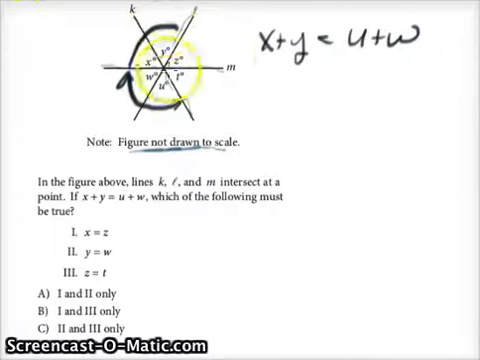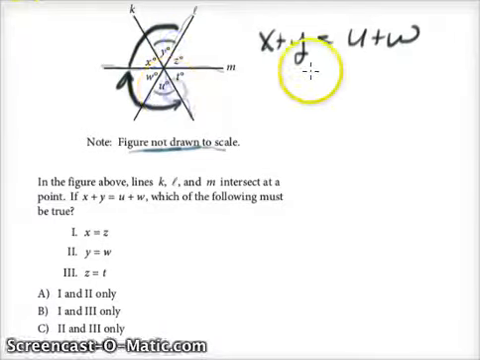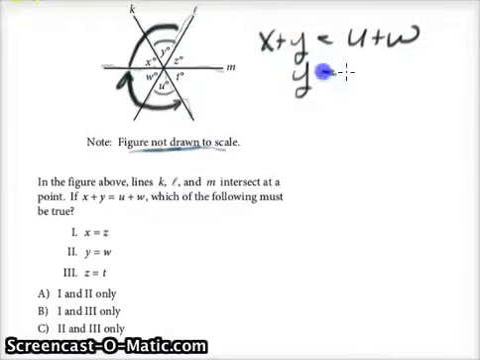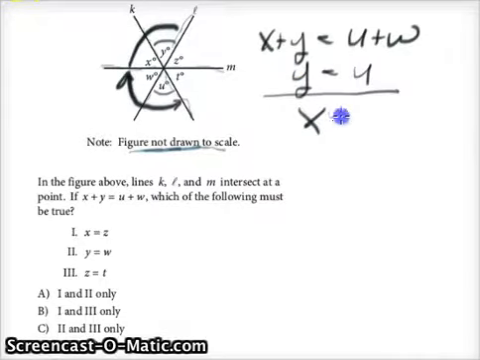We know that y is equal to u, right? Vertical angles, y is equal to u. If I subtract that, I find that x is equal to w. Y is equal to u, and x is equal to w.